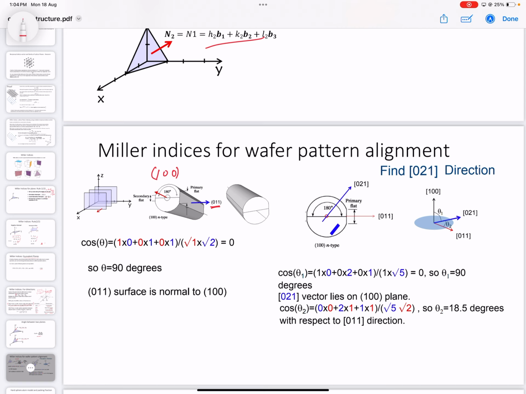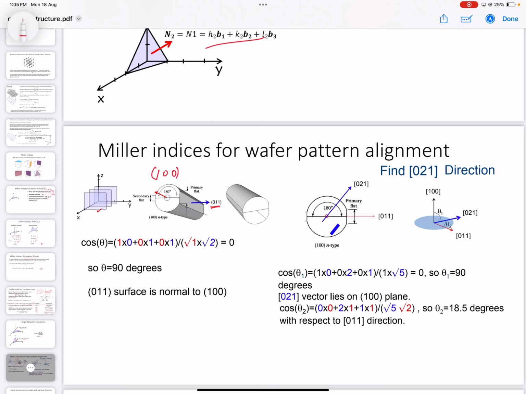So there is a family of planes, and the wafer is grown along that family of planes, and this direction is 011. This I'm putting in curvilinear brackets to say this is the plane, and this one is the Miller direction. This is the Miller indices for the plane. This is for the direction.